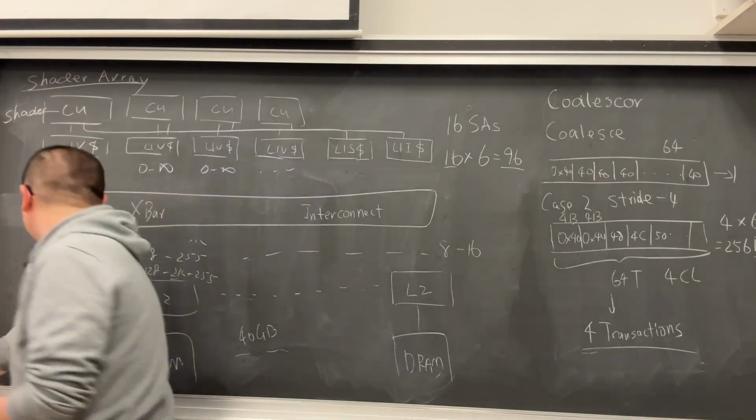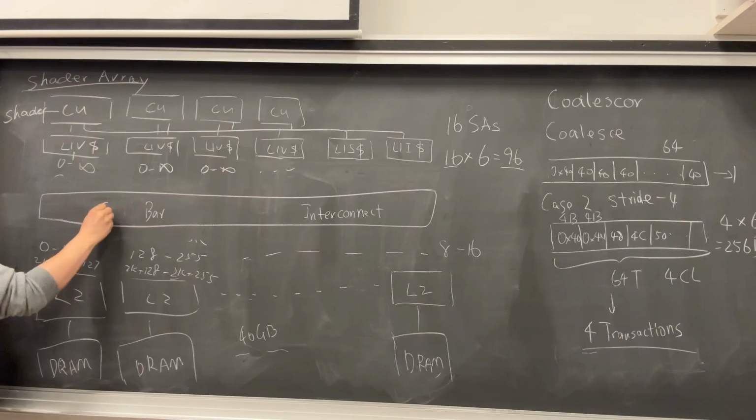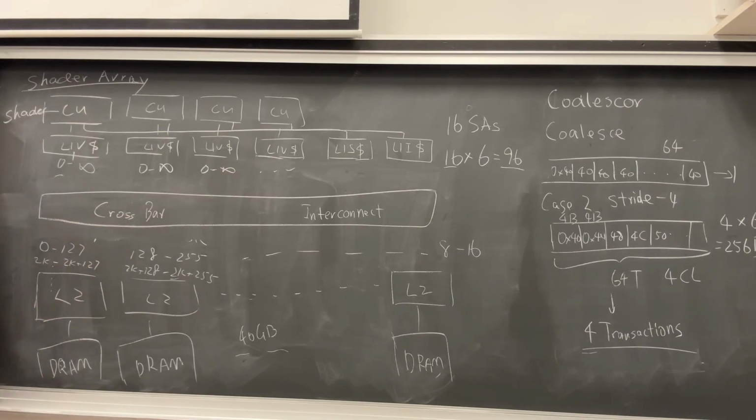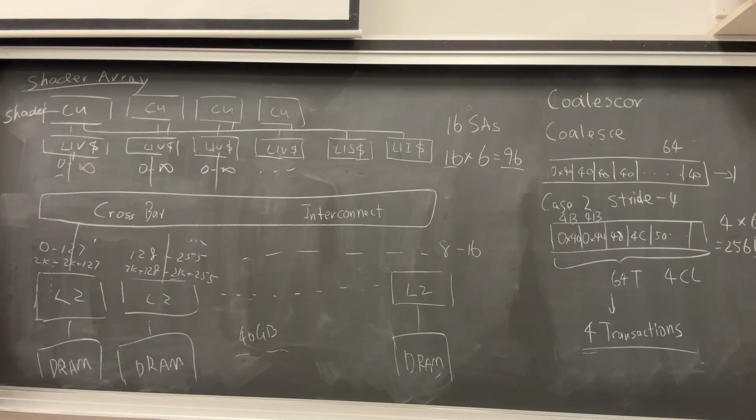People typically write X bar, but crossbar is CROSS bar. It's a big network that is connecting all the L1 caches and all the L2 caches. And this crossbar in a GPU takes a lot of energy and also die size.